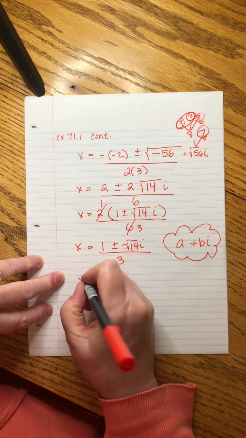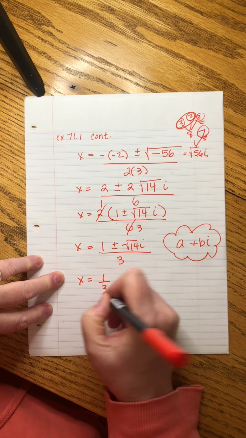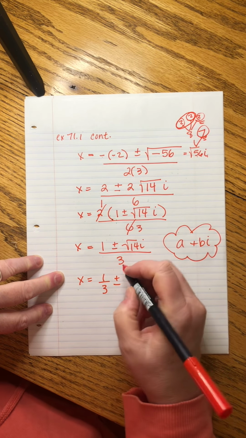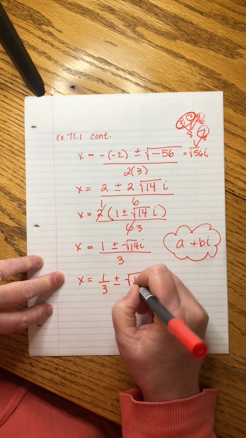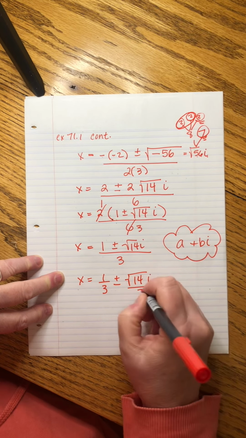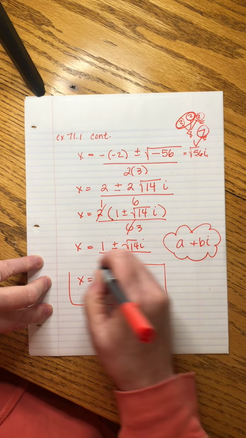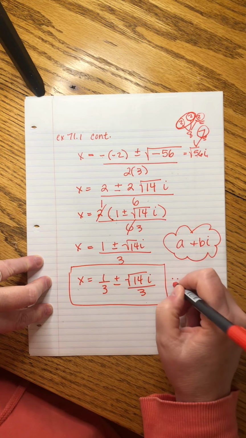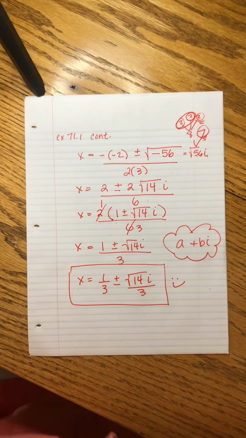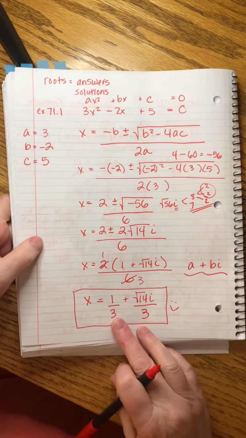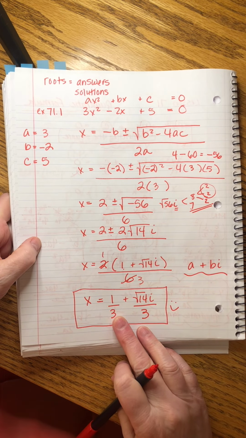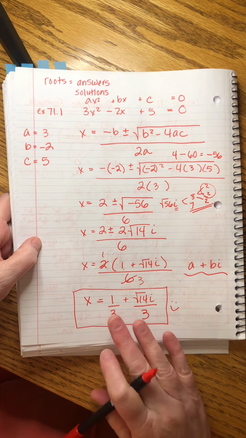So the proper way to write this is 1 over 3 plus or minus square root of 14i over 3. That's the right answer. I don't even have to check my book because look, here's what I did while you were not able to be with me. All right, so that's the right answer.